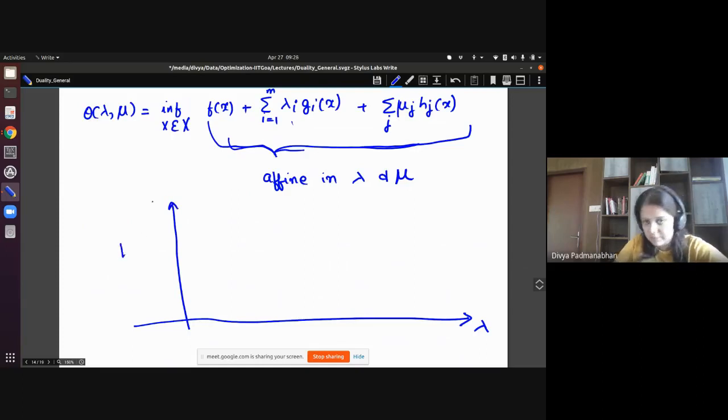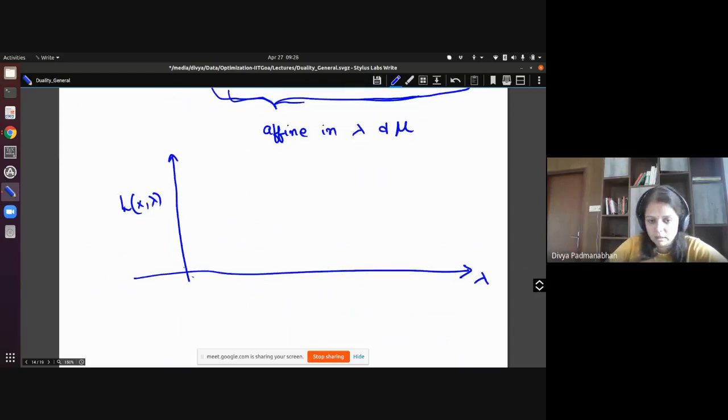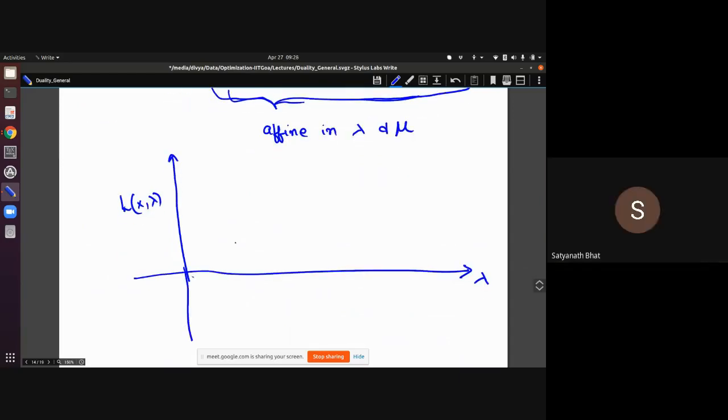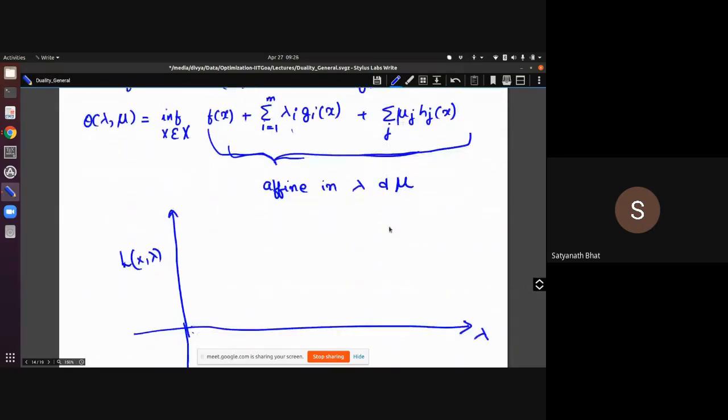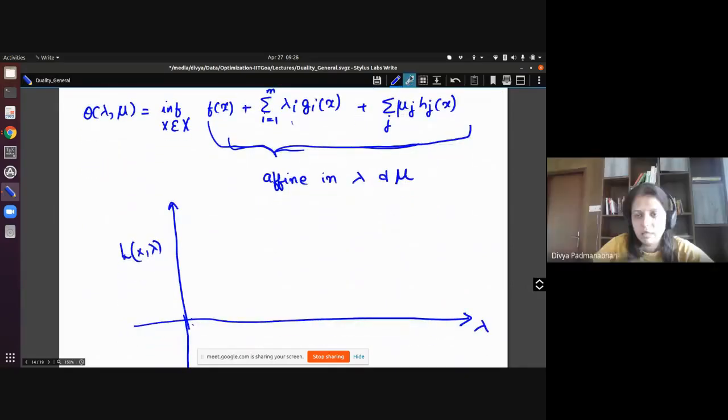So the Lagrangian, L of x lambda, where I will plot different values of x. May I make a suggestion? Perhaps you can just take the infimum of several concave functions and show that that also is concave, right? Yeah, that's true. Yeah. So just a figure.